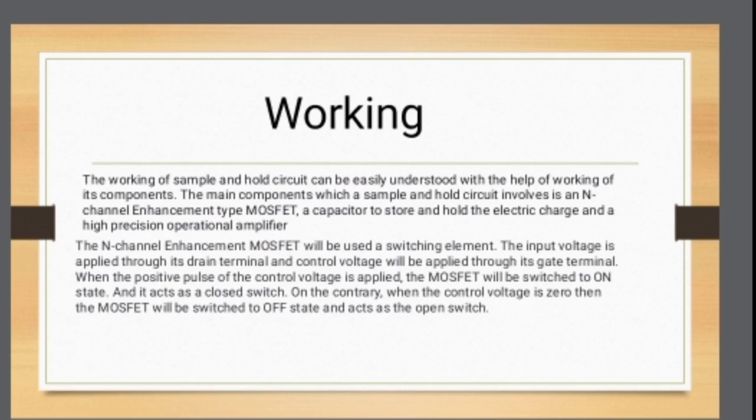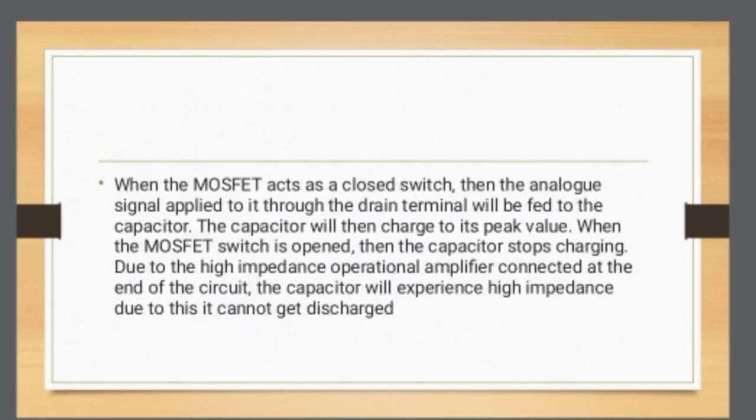When the control voltage is 0, then the MOSFET will be switched to the off state and acts as an open switch. When the MOSFET acts as a closed switch, then the analog signal applied to it through the drain terminal will be fed to the capacitor.